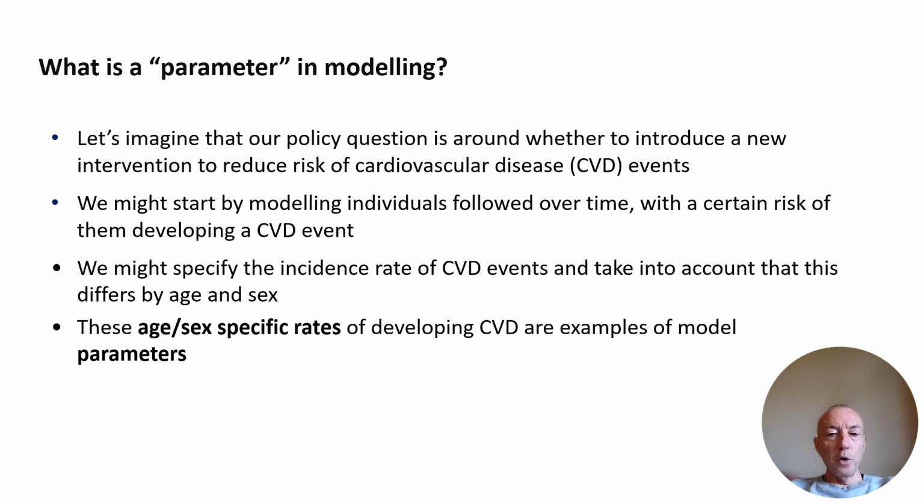We might start by modelling individuals followed over time with a certain risk of them developing a CVD event. We might specify the incidence rate of CVD events and then take into account that this differs by age and sex. These age-sex specific rates of developing CVD are examples of model parameters.